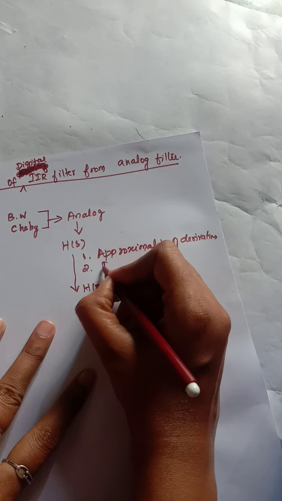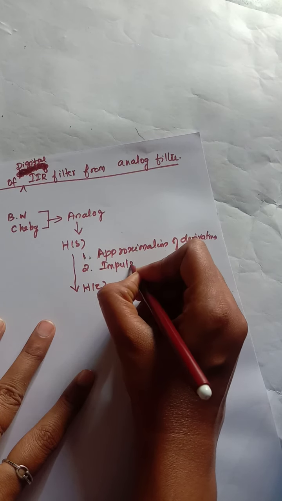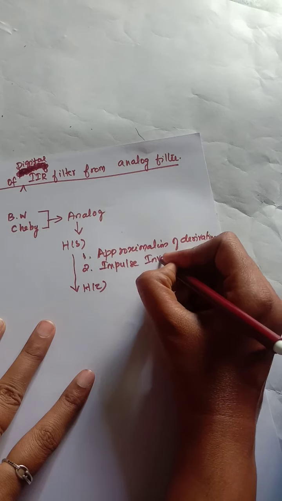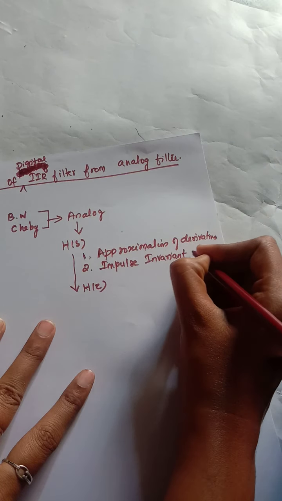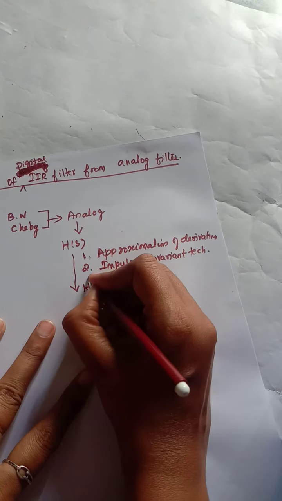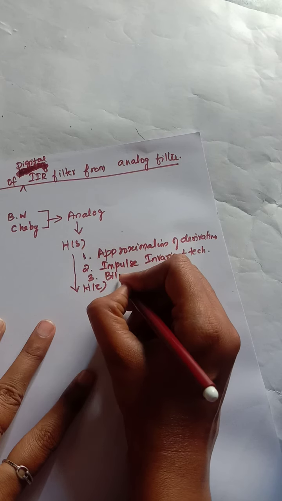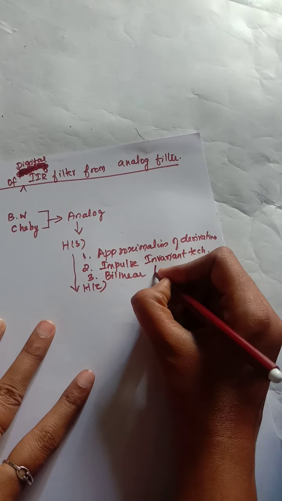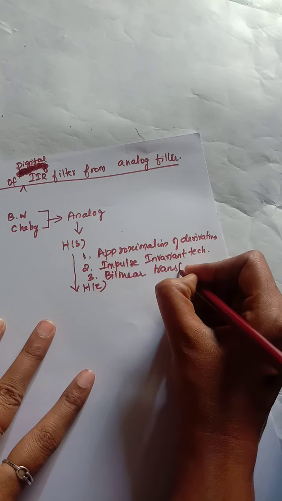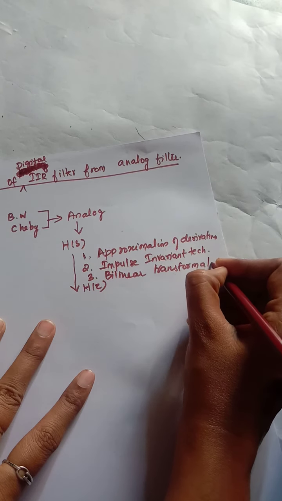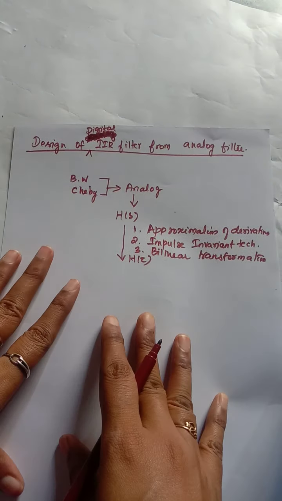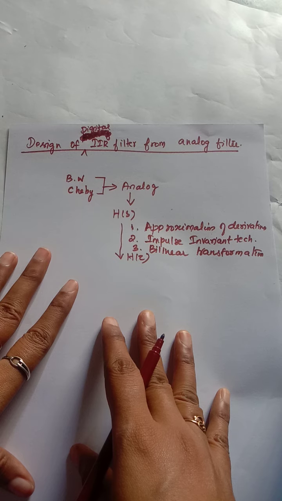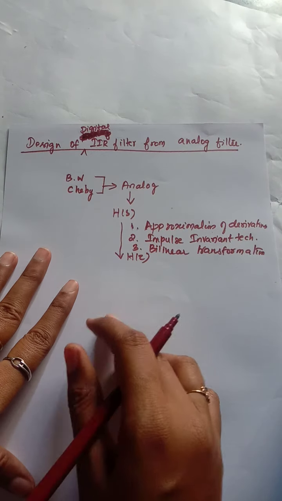Second one is the impulse invariant technique. Third one is the bilinear transformation. Using these three methods we can convert an analog filter into a digital filter.